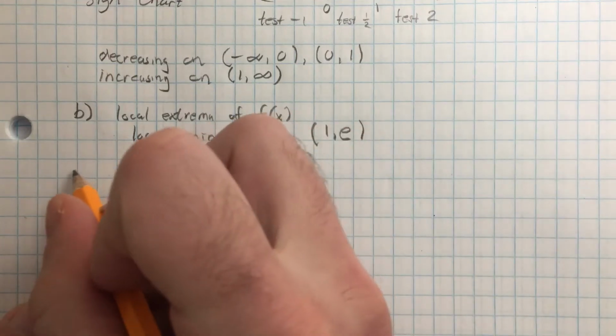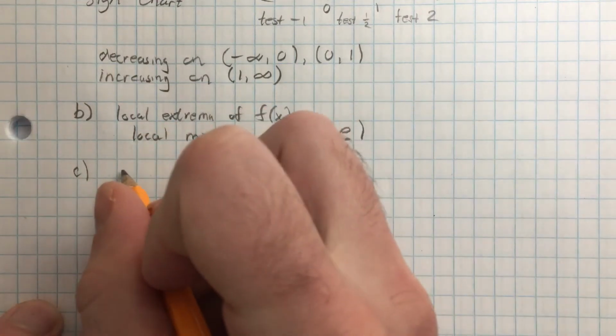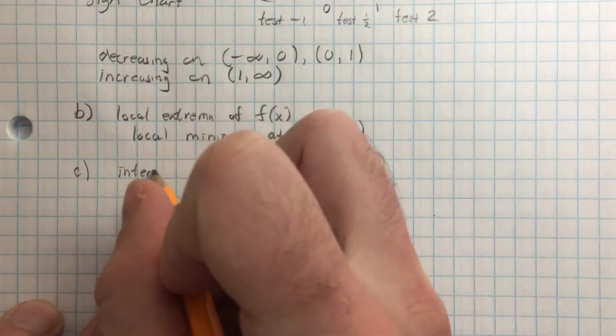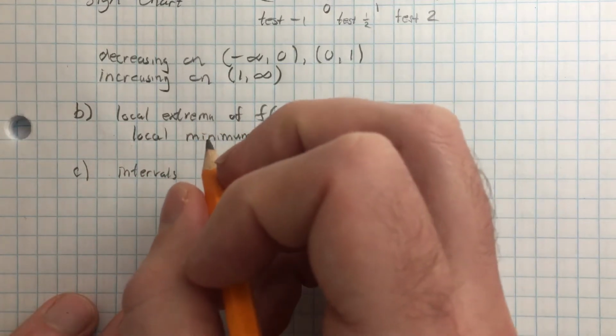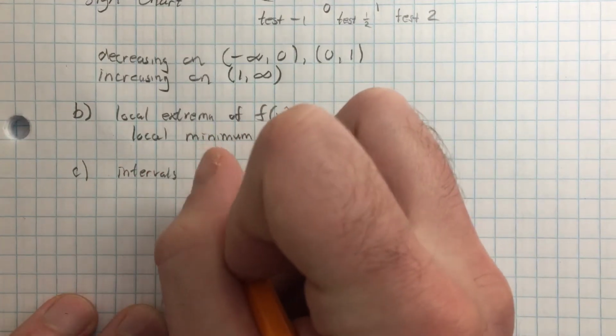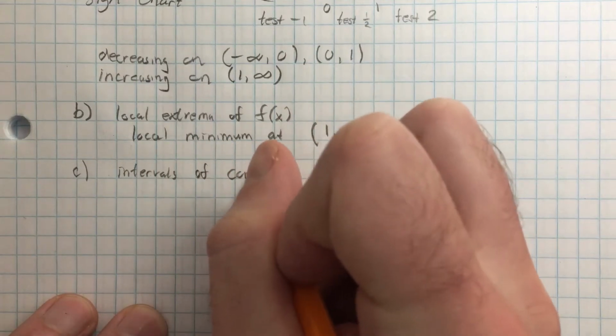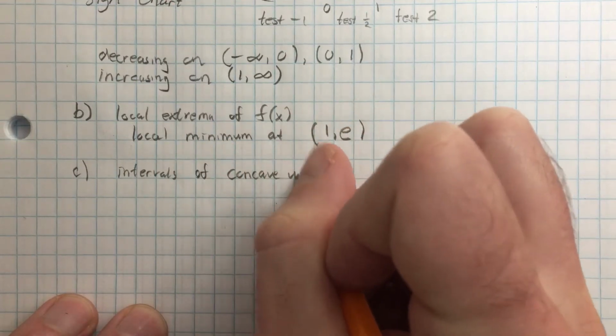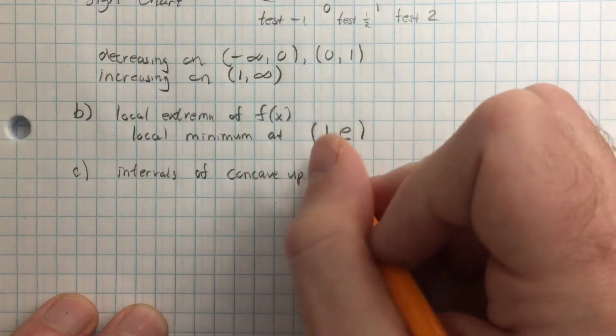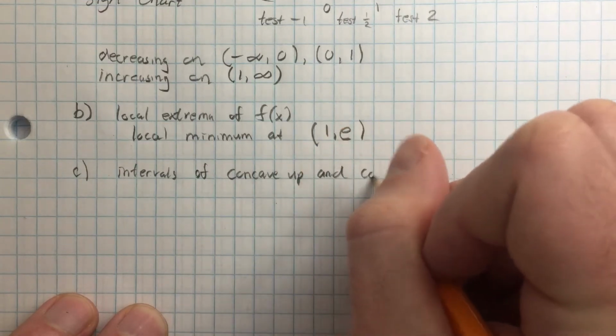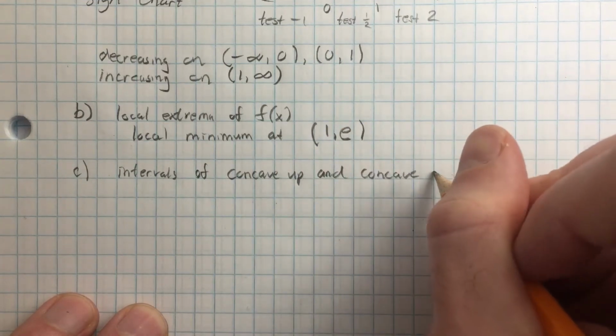Part C, intervals of concavity. Concave up and concave down. So for this, we'll need the second derivative.